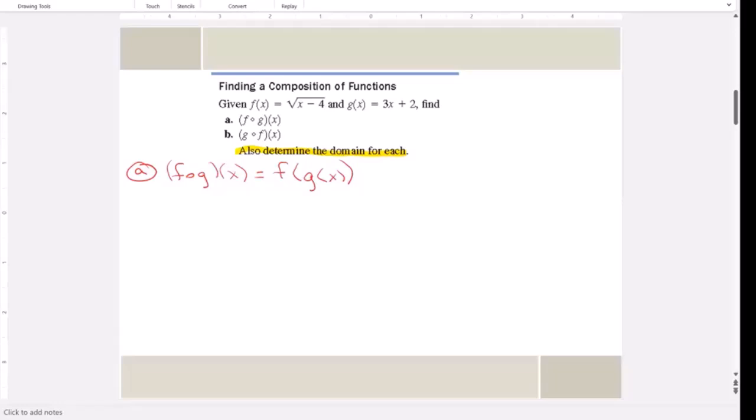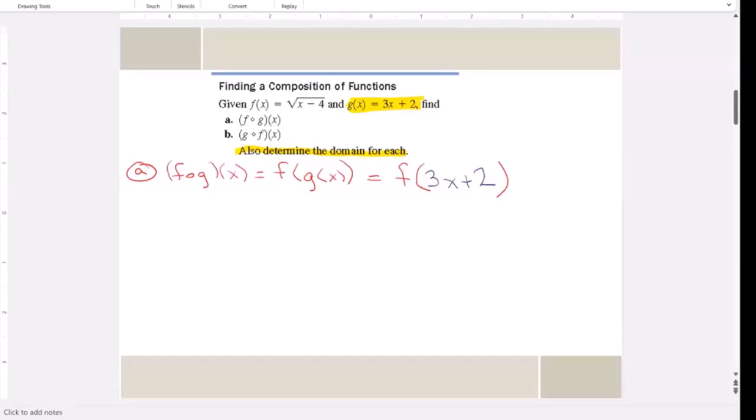Now this is equal to f of, and what I'm going to put inside is g of x, which equals 3x plus 2. Perfect. Now, I want to know what f of 3x plus 2 is.